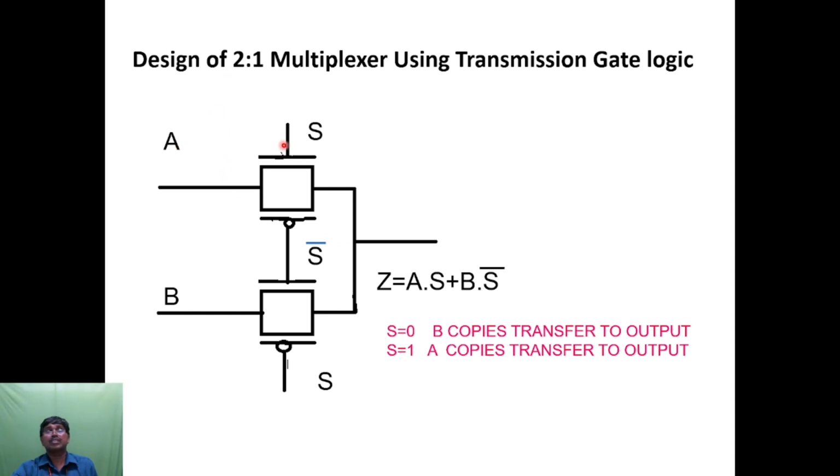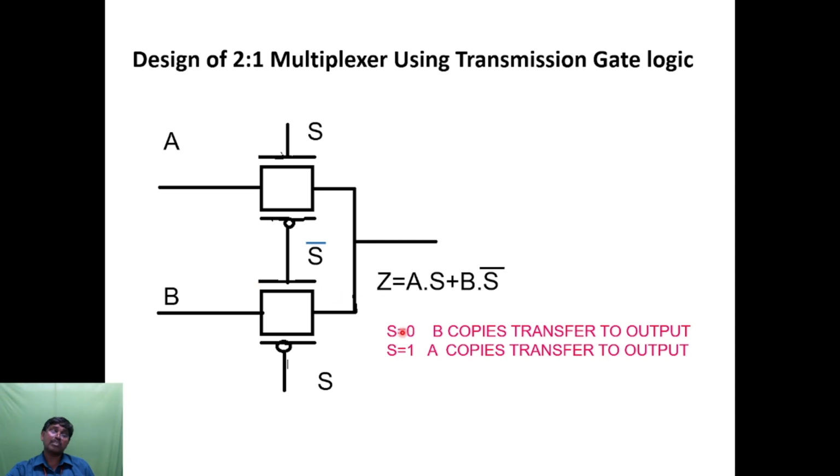Here the number of transistors: a 2-transistor gate is nothing but 4 transistors. So this one set is 2 transistors, PMOS as well as NMOS. Here also there is a PMOS as well as NMOS transistor, and the equation is Z is equal to A dot S plus P dot S bar.